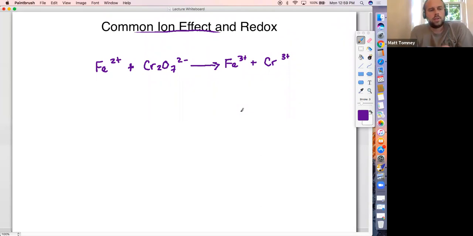Okay. So when we say redox, redox stands for reduction oxidation.